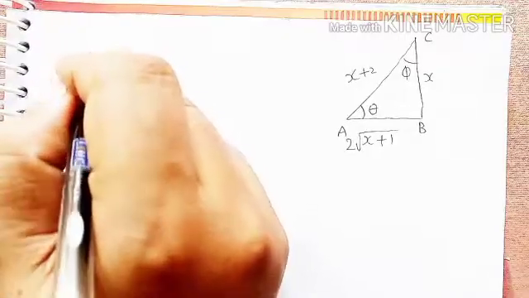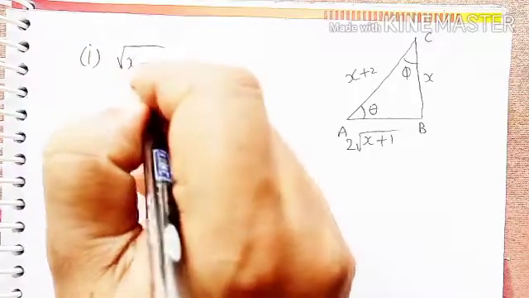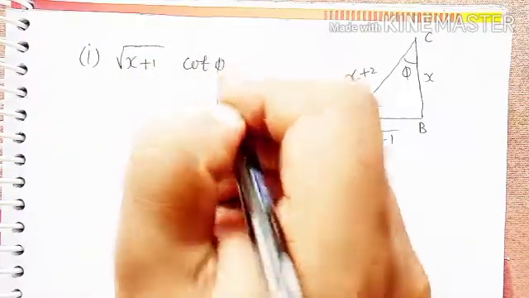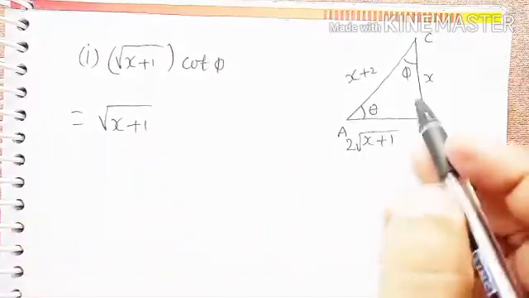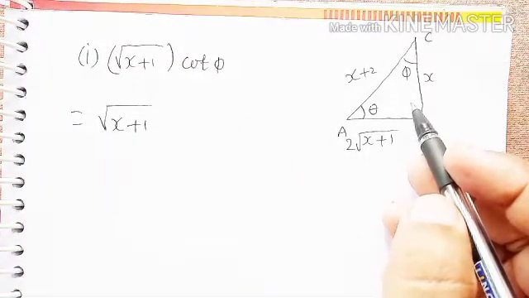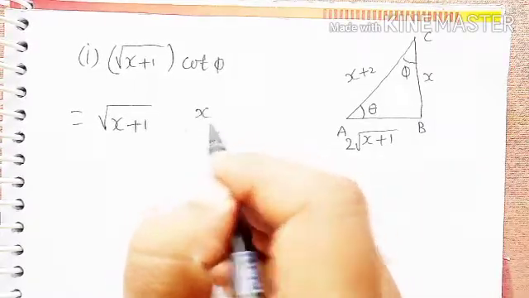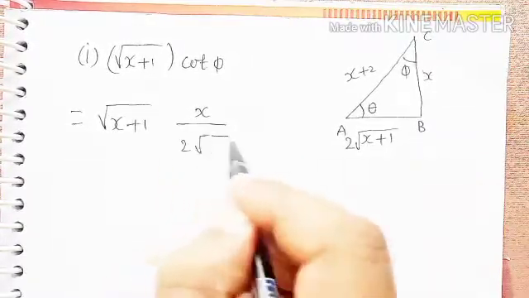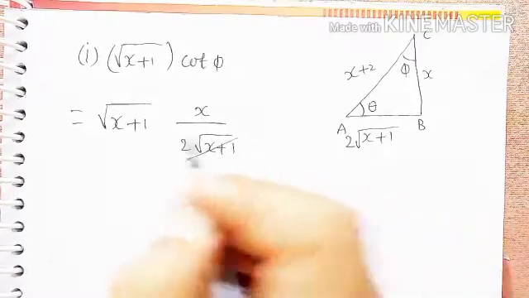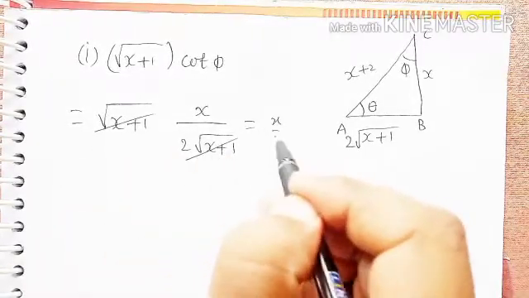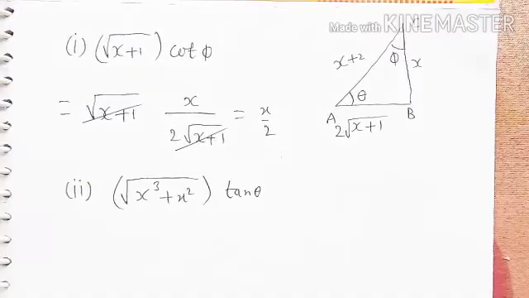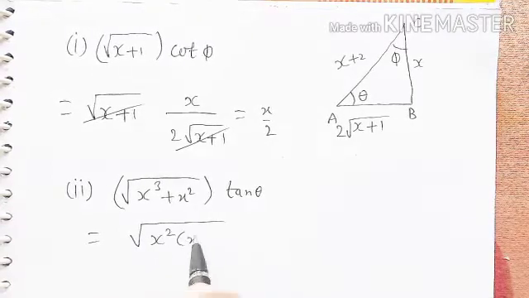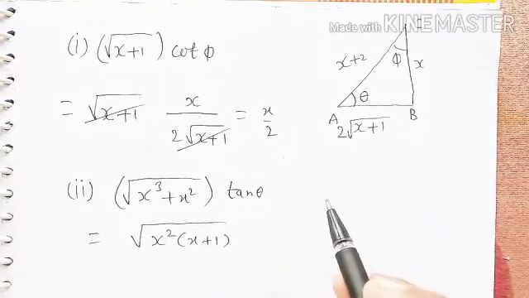Now we have to find square root of x plus 1 cot phi. So from the picture, for phi base will be x and perpendicular will be 2 root x plus 1. Now these two are cancelled, so we have x by 2. Second, this can be rewritten as x square into x plus 1, and tan theta is perpendicular by base.